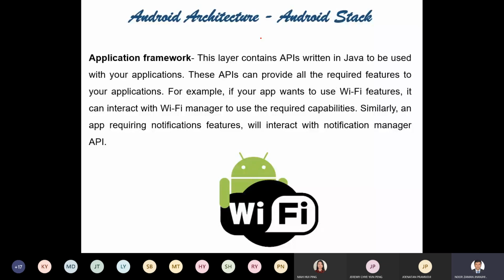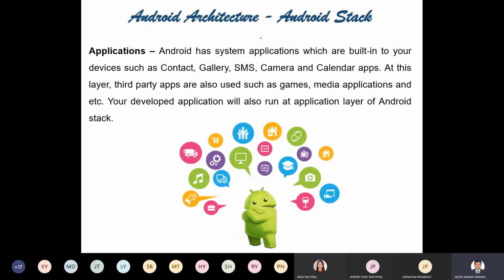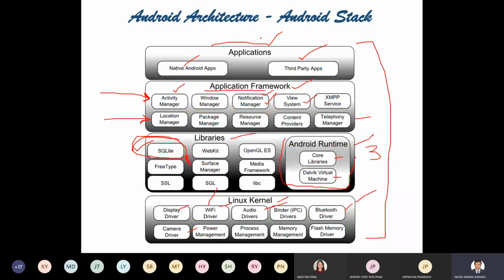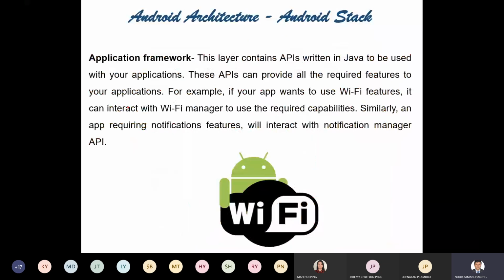So the application framework is the second layer you can see here. We already discussed it, but just to make it clearer, this layer contains the APIs, written in Java, to be used with your application. These APIs provide all the required features to your application. If we don't have those APIs, we will not be able to run our applications.